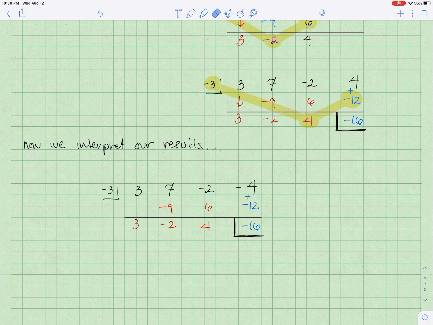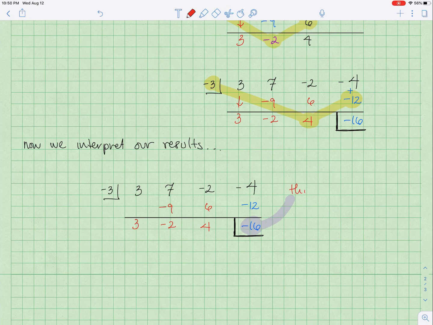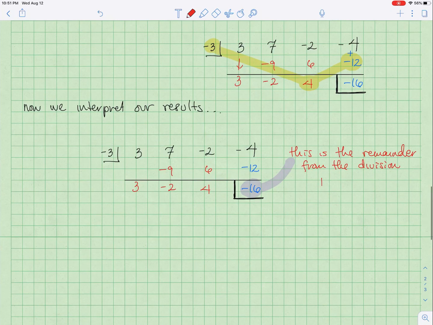So that's what the completed synthetic division looks like. And first things first here, this is what's called the remainder from the division. So we might say something like r equals negative 16, r for remainder.